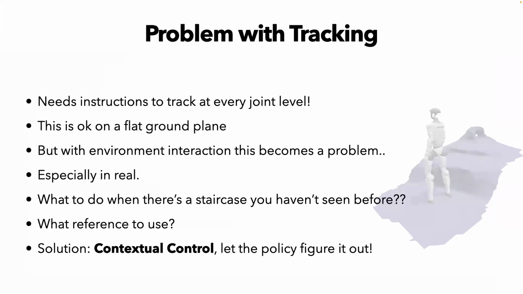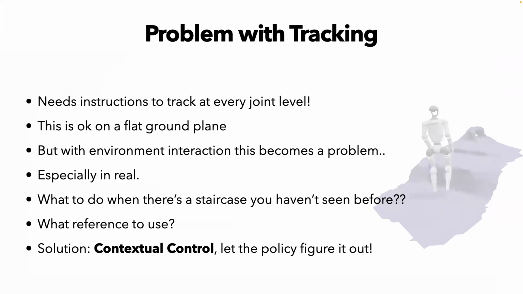Okay, so the problem with the tracking is that you need instructions to track at every joint level, like you saw. It's kind of okay on a flat ground plane, but with environment interaction, this becomes a problem because you don't know what you should really give it. And how are you going to do it? I mean, you can shadow it, but it's kind of hard to shadow next to a thing.